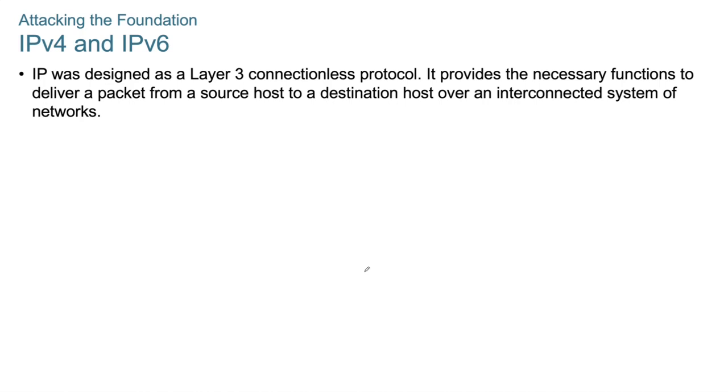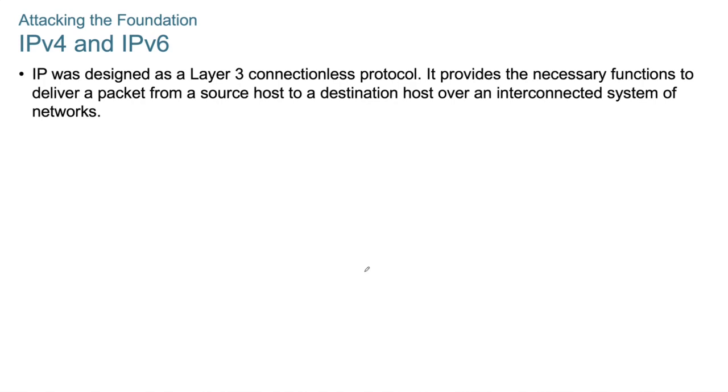IP makes no effort to validate whether the source IP address contained in a packet actually comes from that legitimate source or not. For this reason, threat actors can send packets using a spoofed source IP address.